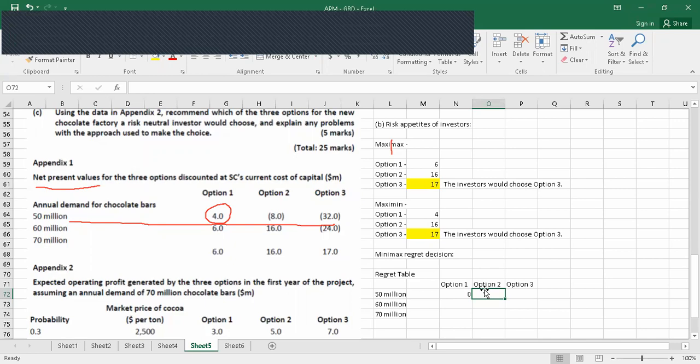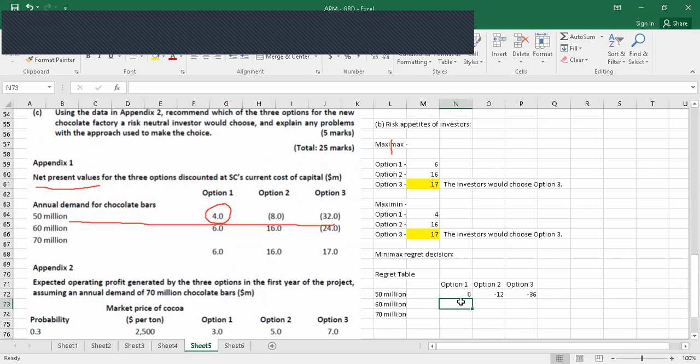Here it would be -8, and they are also foregoing 4. So that's their regret. In this case, it is -32, and they would have earned a benefit of 4, which is also foregone. So their total opportunity cost is -36.